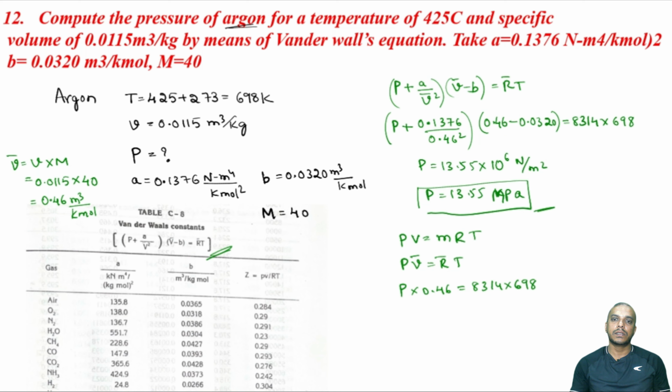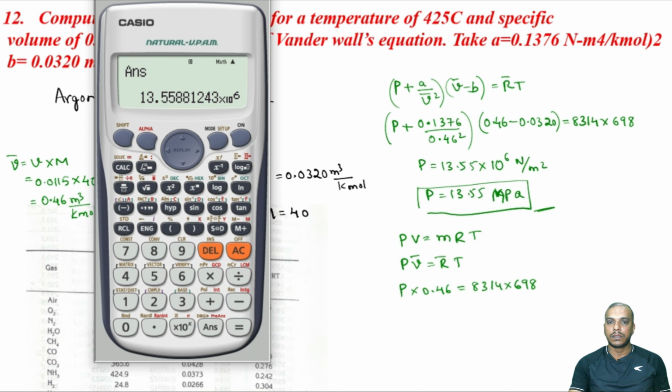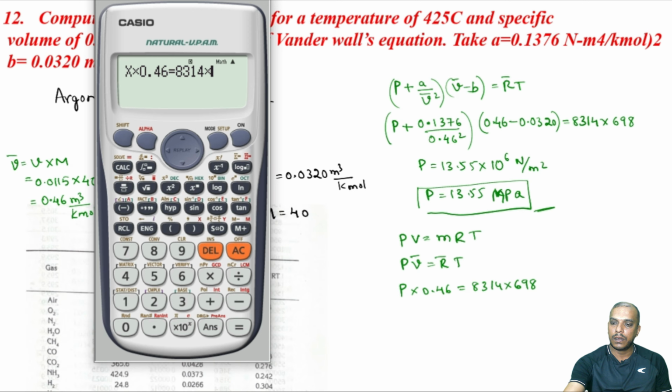The answer should be at least closer to this answer, so we are just verifying it even though it is not asked. Alpha x multiplied by 0.46, alpha equals 8314 multiplied by 698.